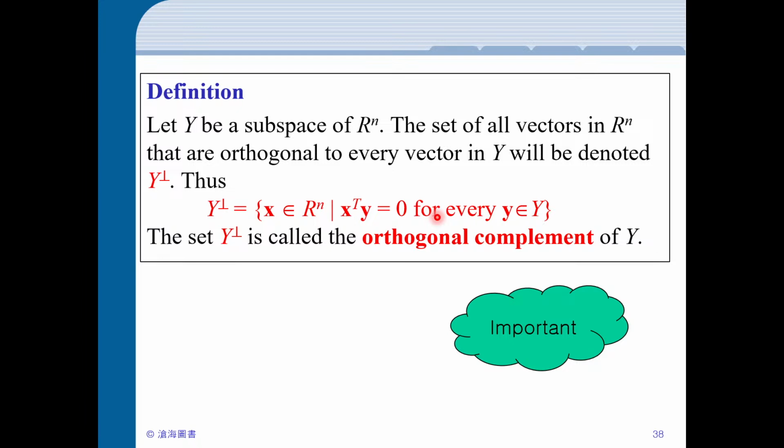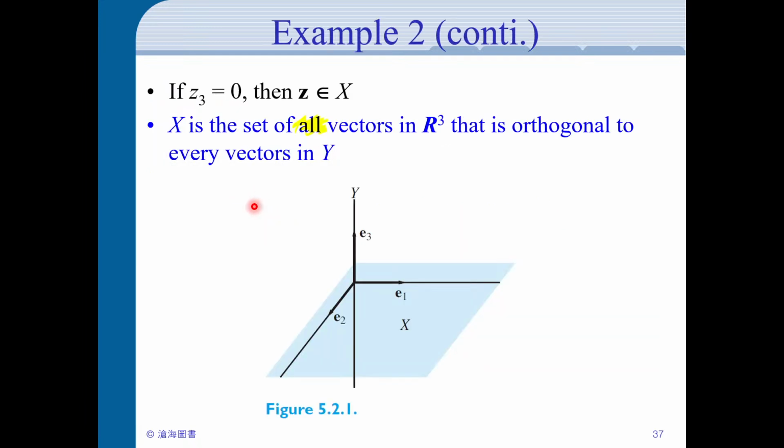It's kind of everything else other than Y, but not quite. So if your space is spanned by E3, then the complement is the space spanned by E1, E2, and if your space is spanned by E3, E1, then the complement is spanned by E2, etc.